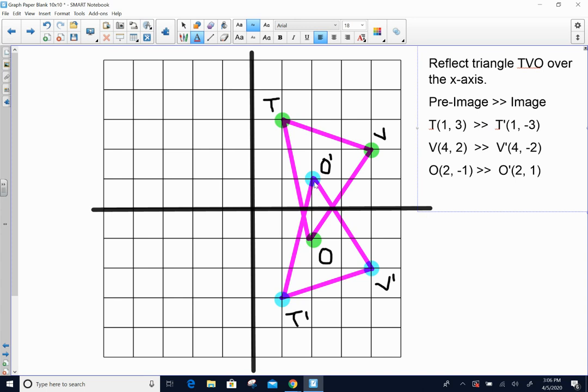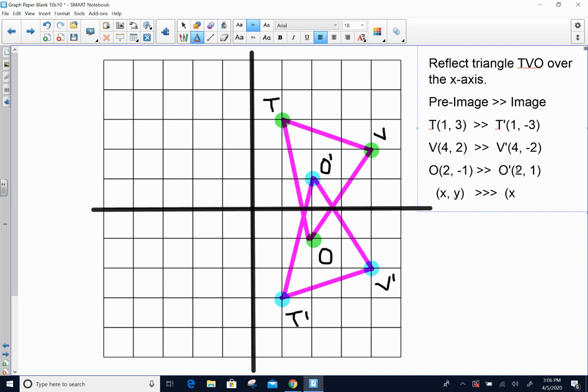So just like we did reflecting over the y-axis, let's talk about what this means if you're going to write this algebraically. We start with our original pre-image, x and y. We just started with an ordered pair there. Reflecting over the x-axis, my x's, I've got 1 and 1, 4, 4, 2, 2. They didn't change at all.